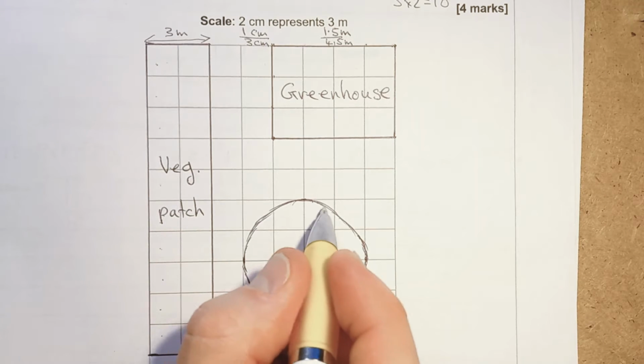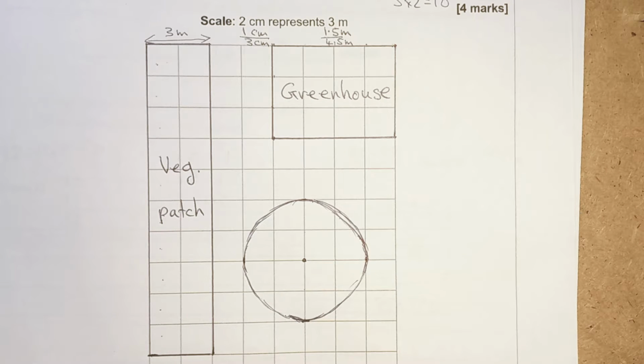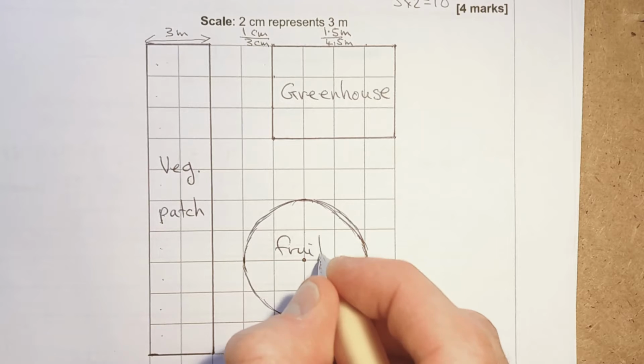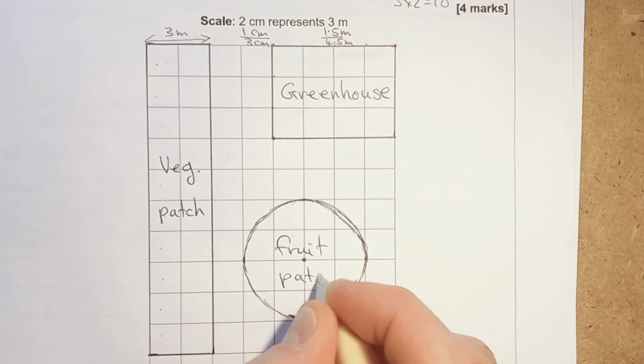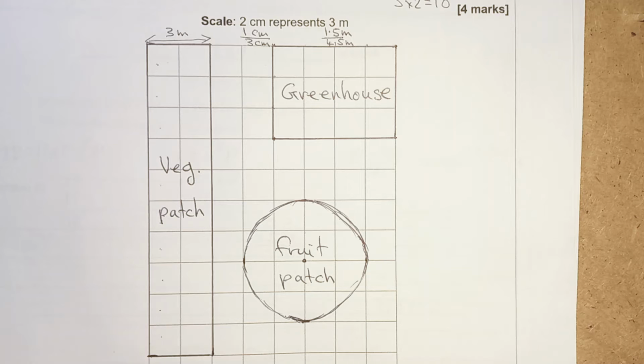And you would still get the marks if you do something that looks approximately like that. And we're going to label this fruit patch. So if you've got a compass, you're happy using it, use it. If you aren't comfortable using it, well, now you've got time to practice, so give it a go. If you can't get comfortable, then, as I say, you can try and sketch it. But it is nicer if you can do it using the instruments.